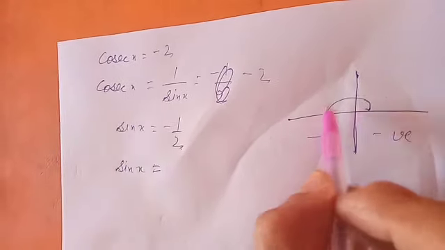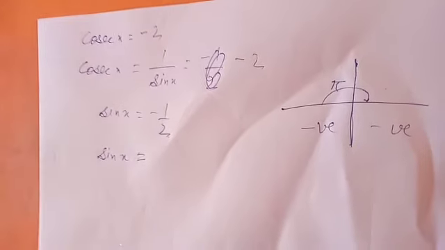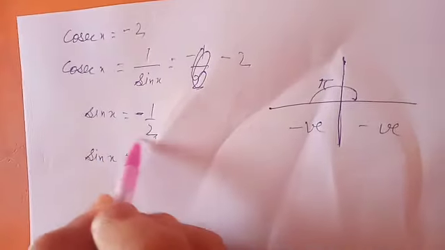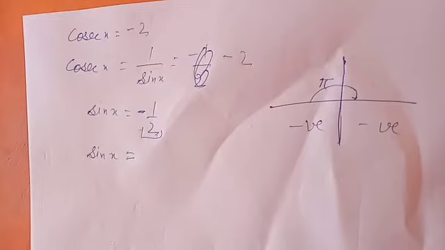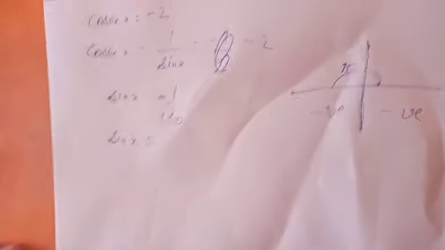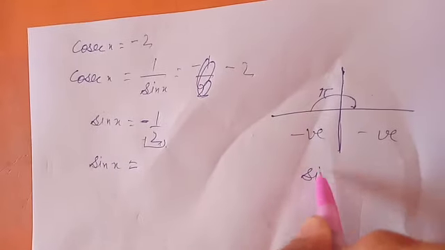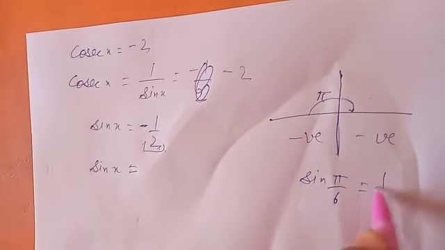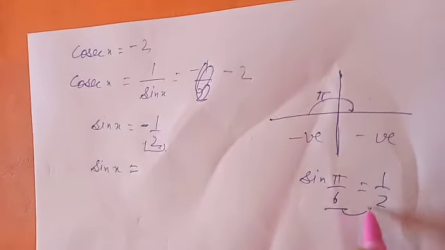So till here this angle is pi. So our angle will be pi plus something. And if we remove this negative sign, only talk about 1 by 2, at what angle of sine are we getting value 1 by 2? That is sine pi by 6. At pi by 6 we are getting value 1 by 2.